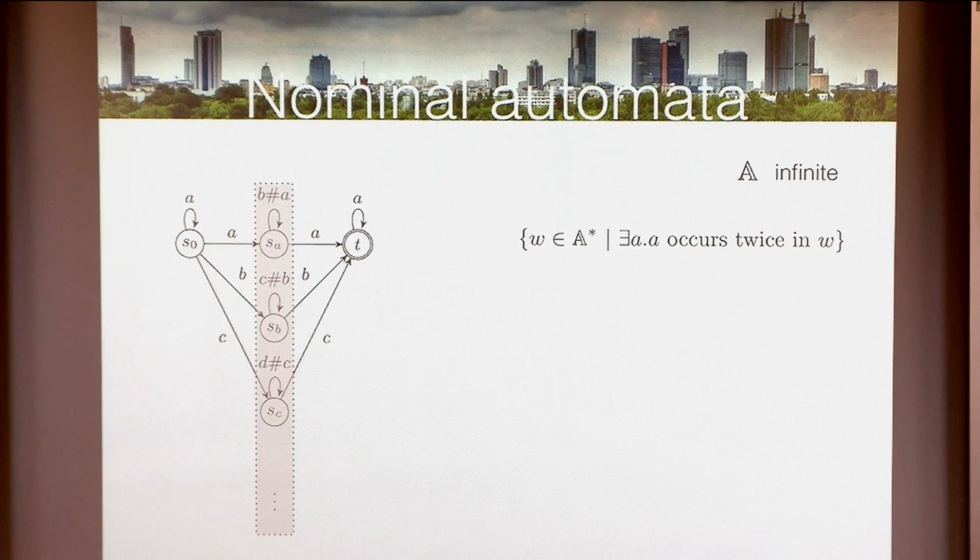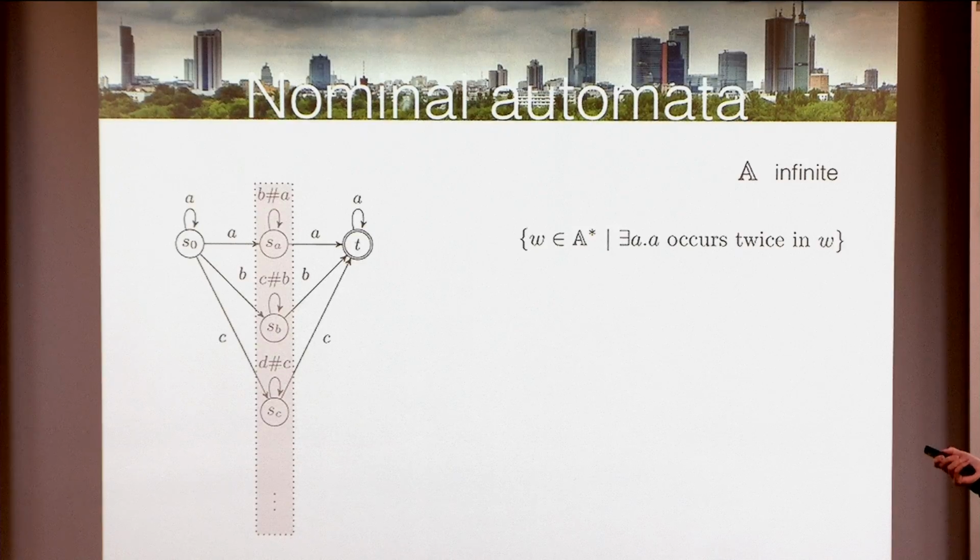So A here is a symbolic representation. This can be any letter, so it's not only the letter A. And then at some point you make a guess that the next letter you're reading in S0 is actually the letter that is going to occur twice in your word. At this stage you are in a state where you know that you can only accept if you see A again. So when you see A a second time, you accept.